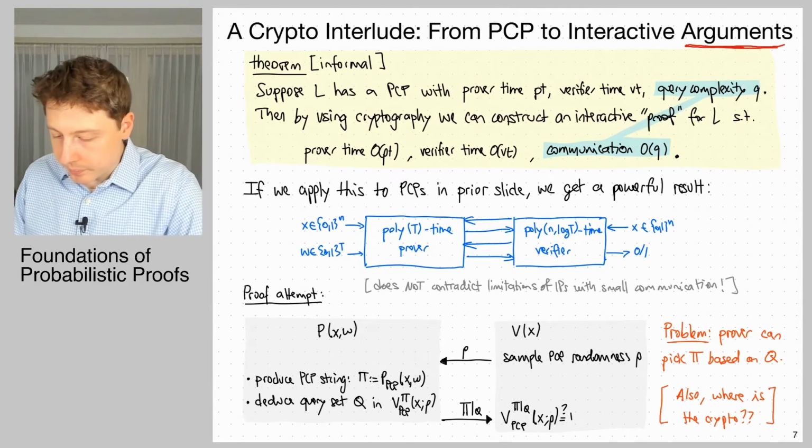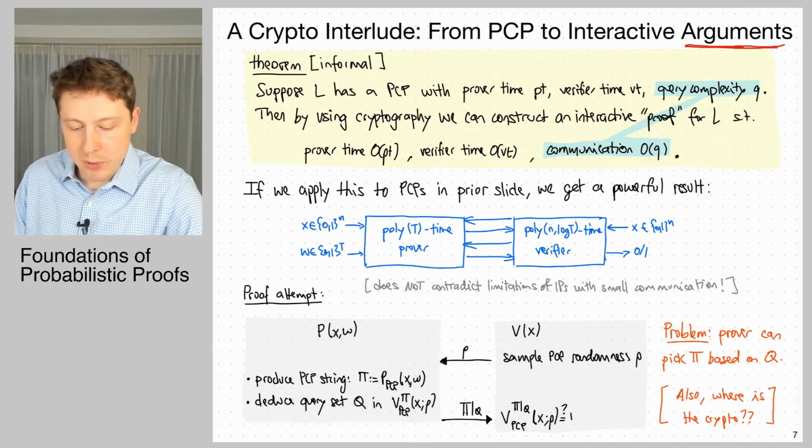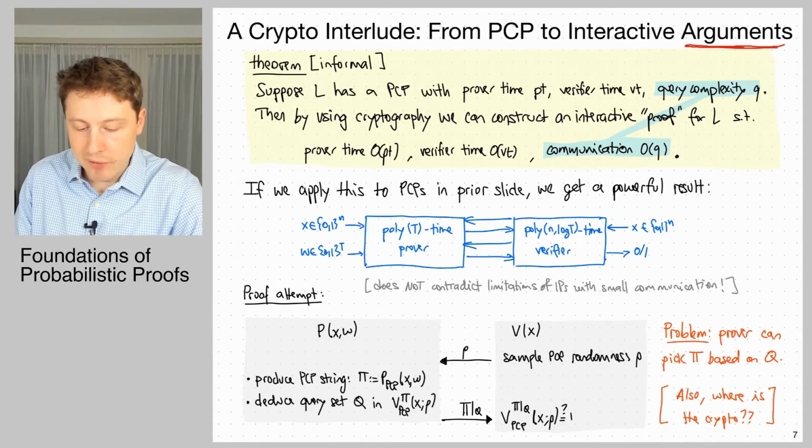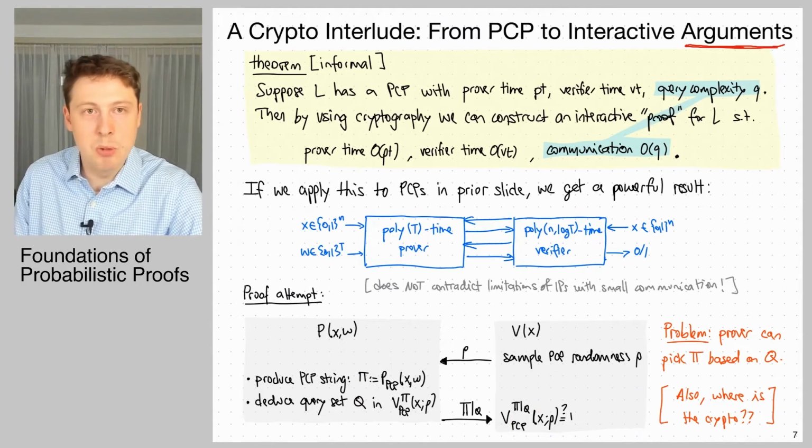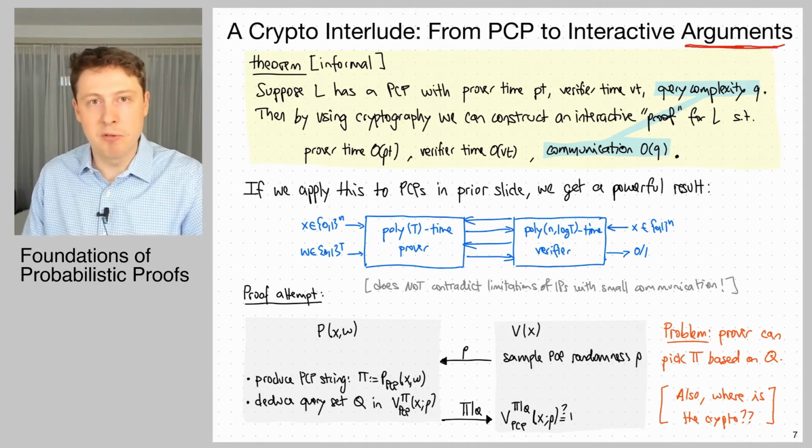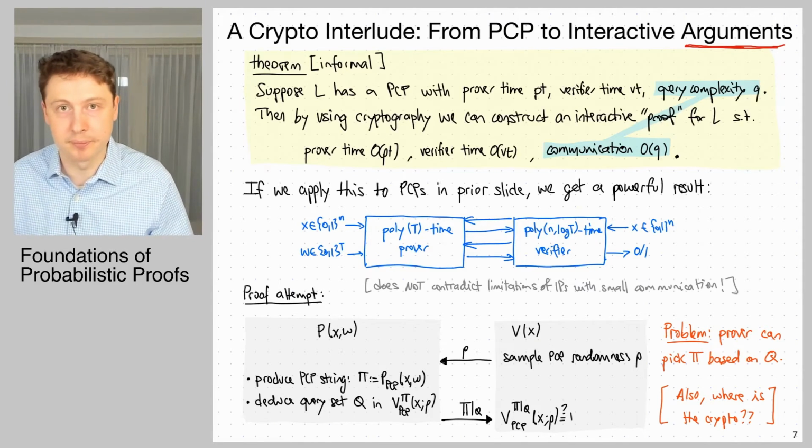And also, more worryingly, we haven't used any crypto. If this was sound, it would be an information-theoretic protocol. And so even if you try to come up with something more elaborate, if you're not using any cryptography, there's something fishy going on, because we know we're not supposed to be able to have interactive proofs with small communication, okay?